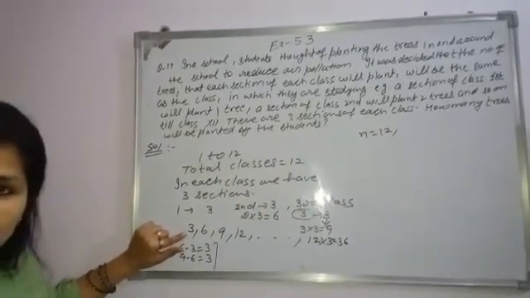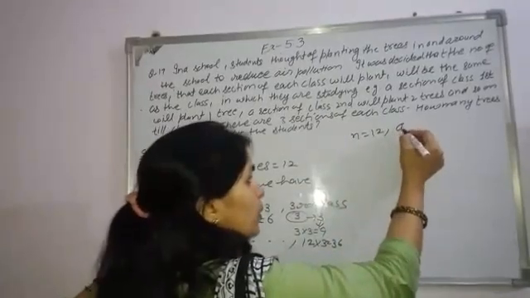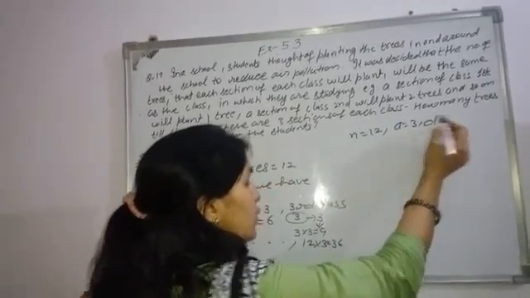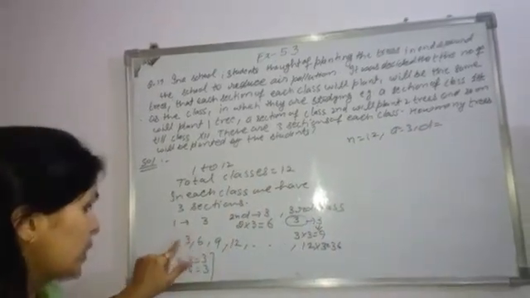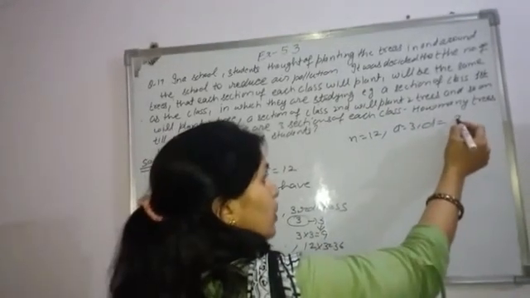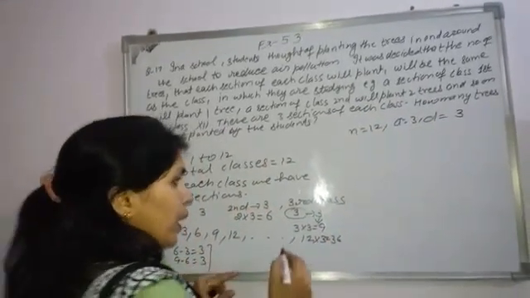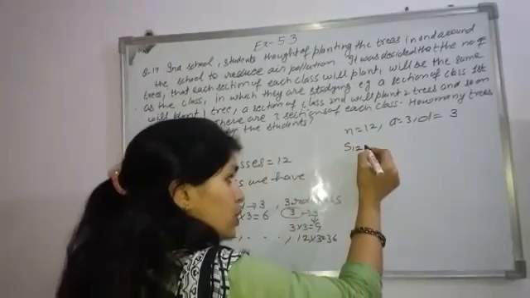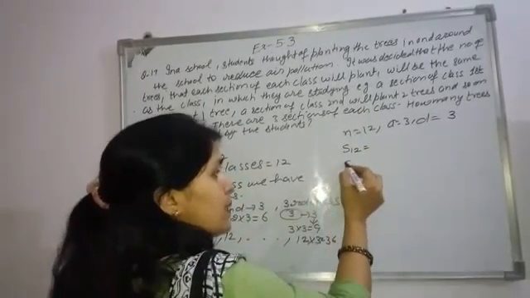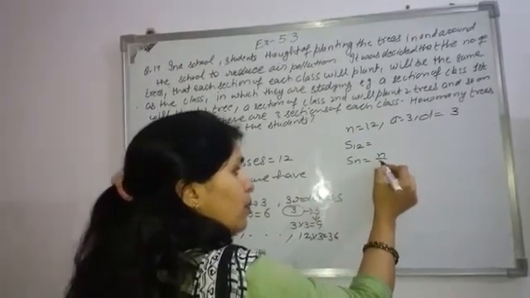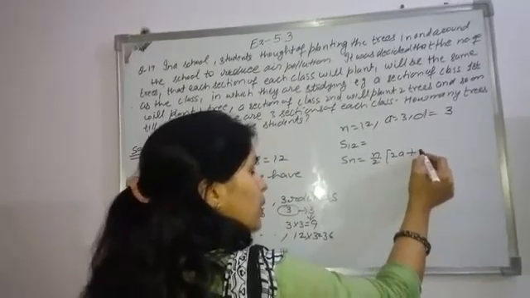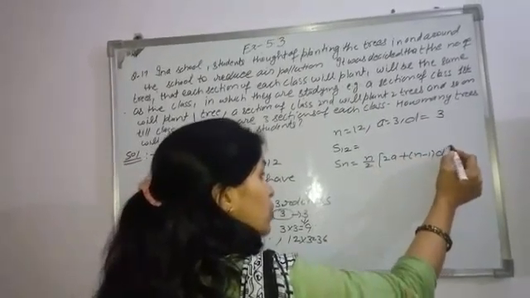What is the value of a here? a is equal to 3. And what is the difference? Difference is equal to 6 minus 3 is equal to 3. This is the common difference. And which value do we want to find out? S12. What is the formula of Sn? Sn is equal to n by 2 times (2a plus (n minus 1) d).